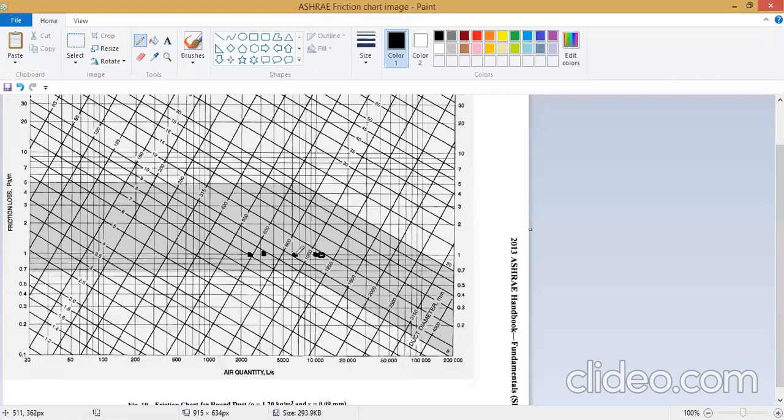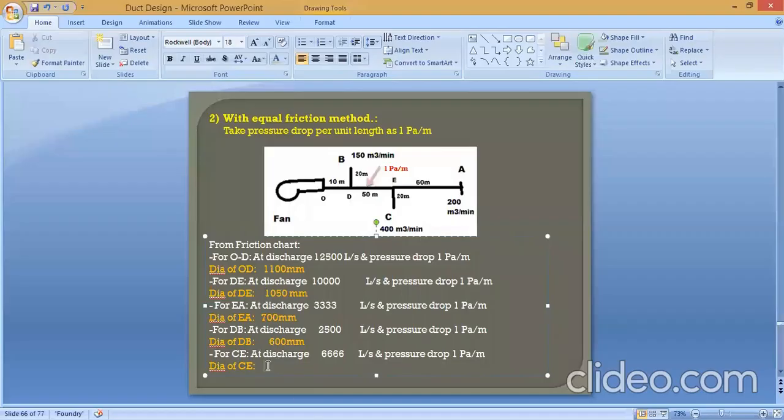You can mark it. So its value is approximately 900 mm. So now students, with the equal friction method, for the given discharge and the constant pressure drop, we have calculated all the diameters of the main branches and sub branches.